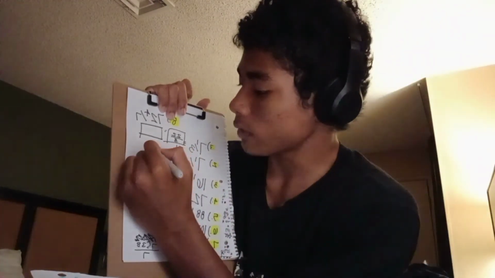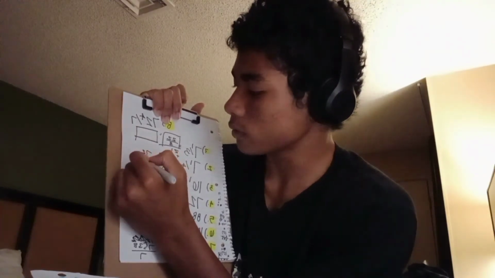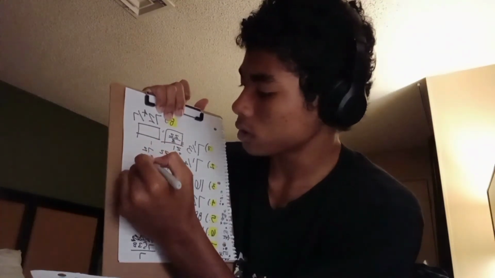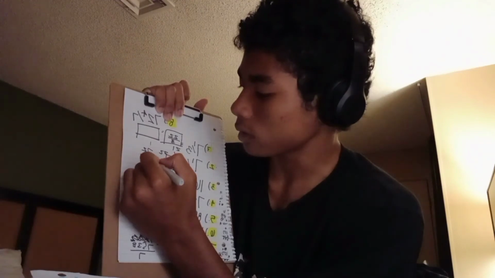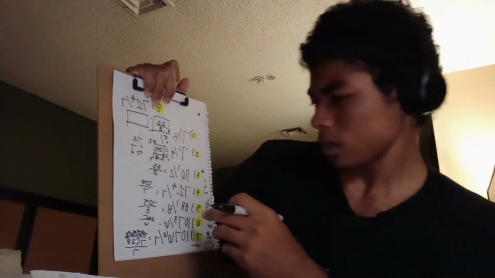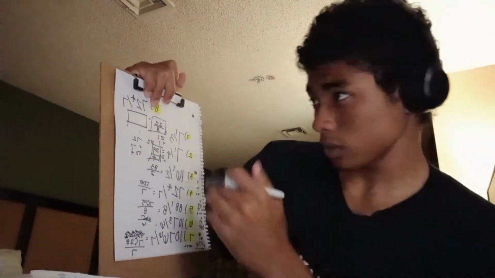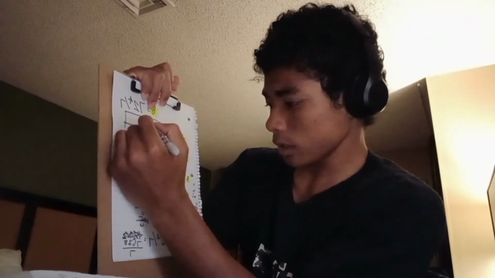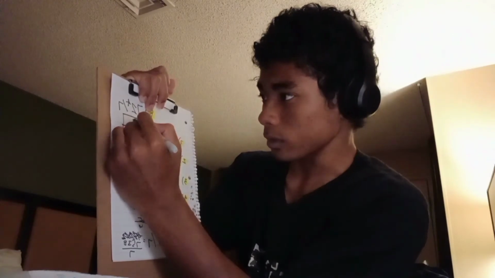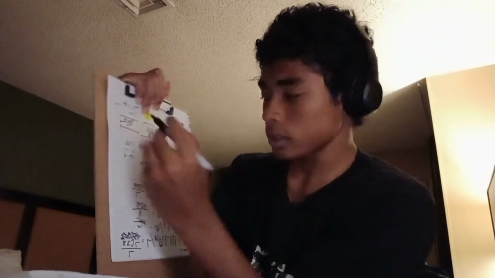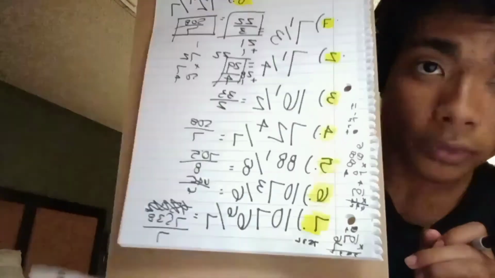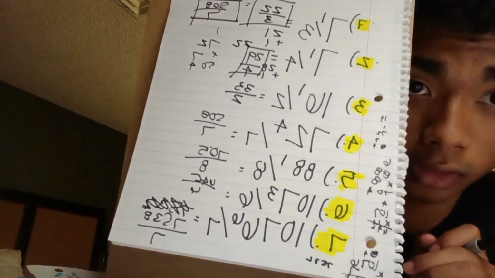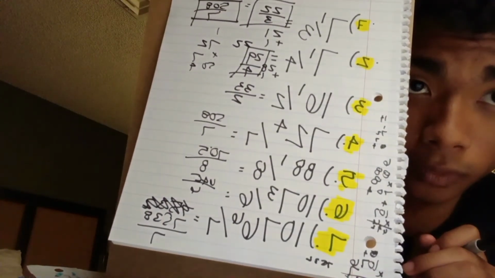Now you got 72 times 7, which is 14. 7 times 7 equals 49, and that's 504. I think I already did this problem. Yes, I did. That'll be 508 over 7. All right, now this is the whole equation right here.